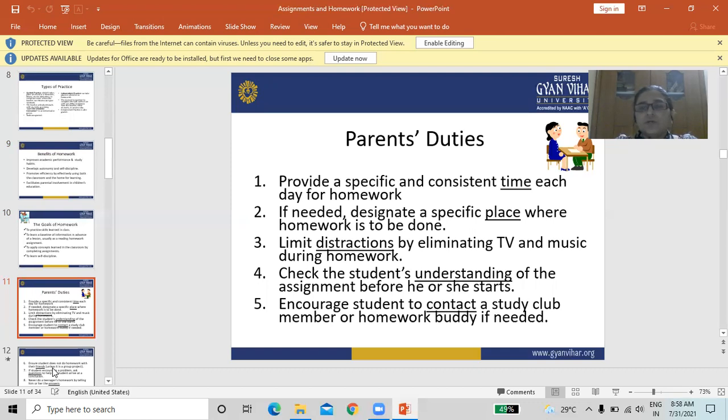So encourage your children to contact a study club member, so they will help with their homework.